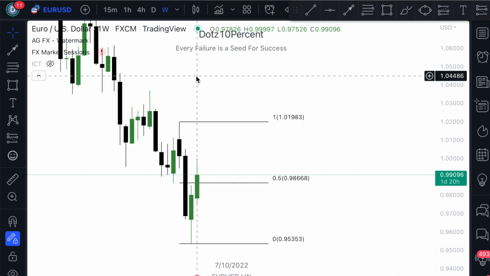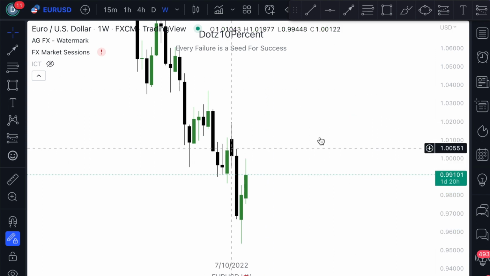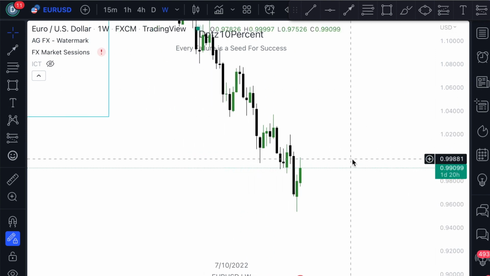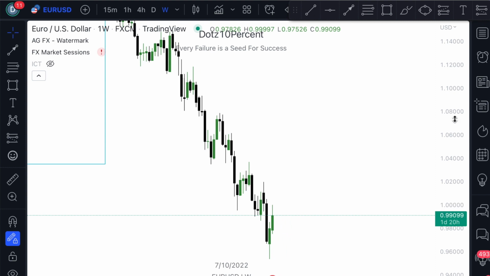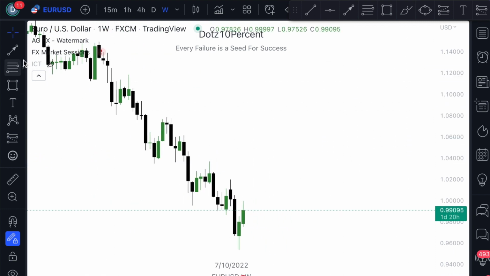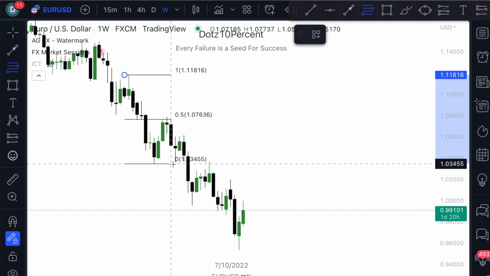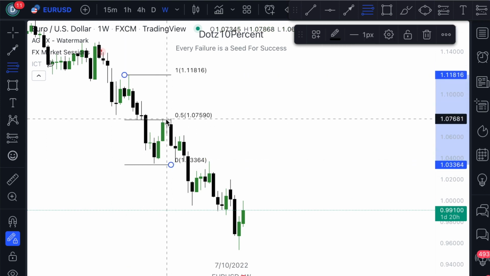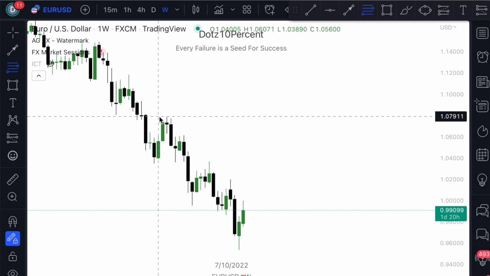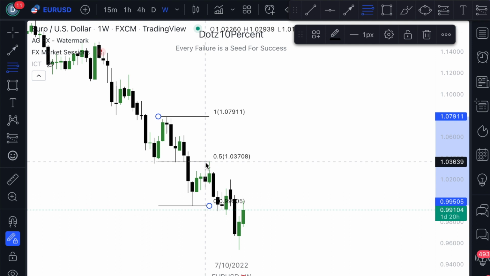This is a weekly chart. Let's delete this for a second. This is our local weekly range. We understand that price is bearish, very clear. We had a range from here to here, and price retraced to the premium. We then had a range from there to here, and price retraced to equilibrium.